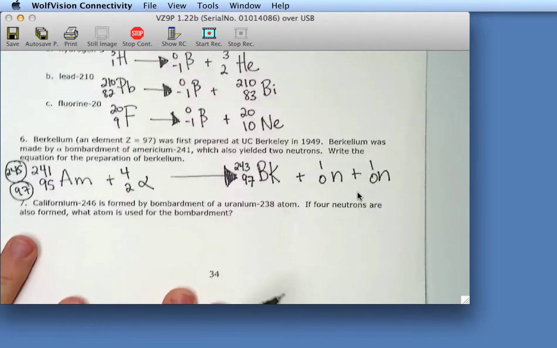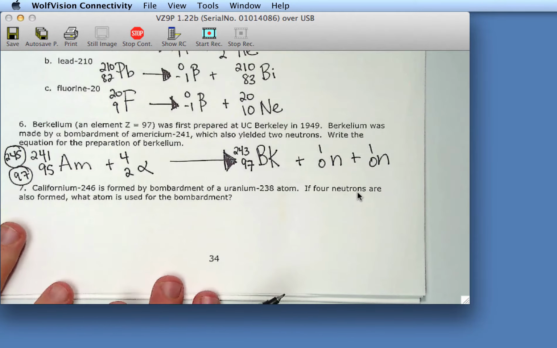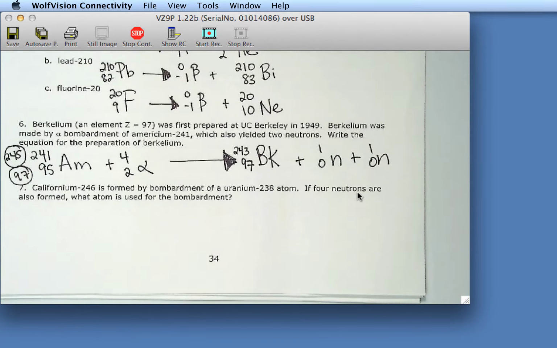It's just your reactants on the left, products on the right. And these are the bombardment reactions. You're always going to have more than one thing coming together. With your decay reactions, it's a little simpler because you just have one element decaying into 2 other things.